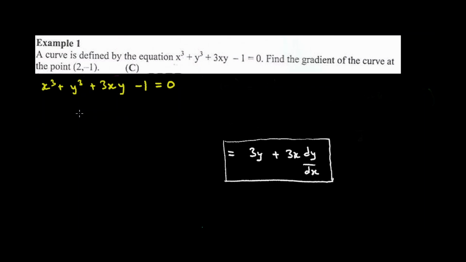So x cubed, what is the derivative of x cubed? It's obviously 3x squared, and we subtract 1 from the power, you know the ordeal.